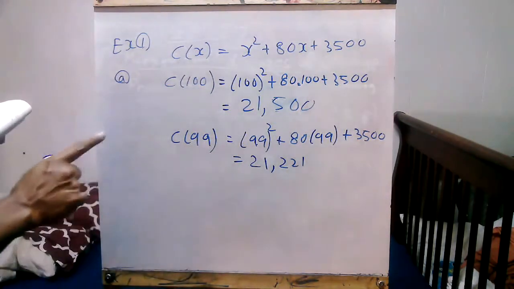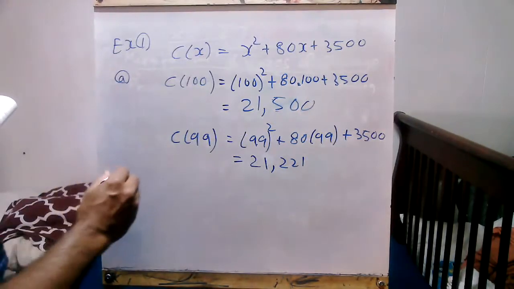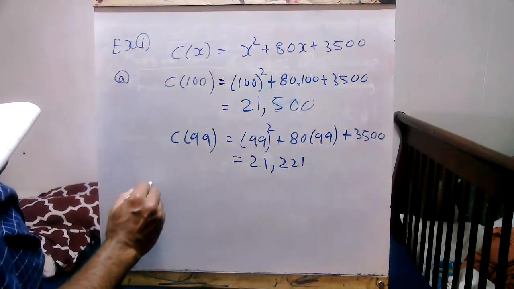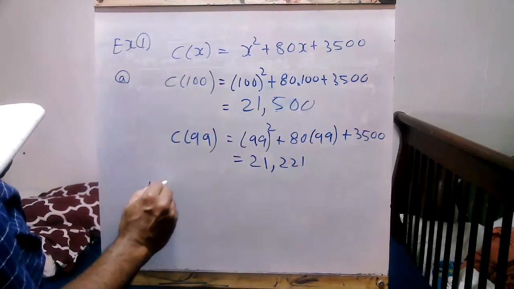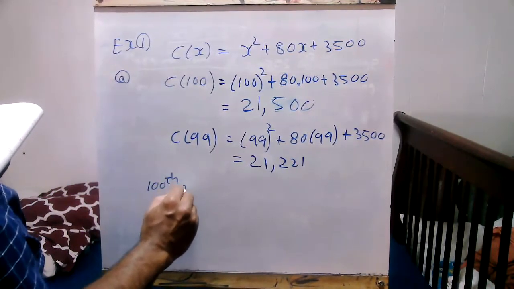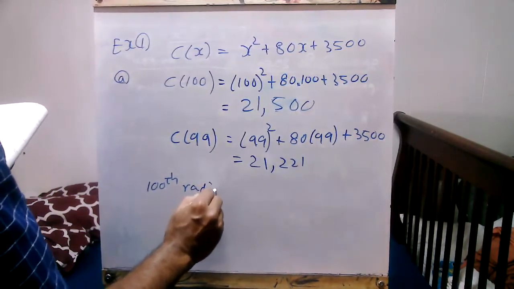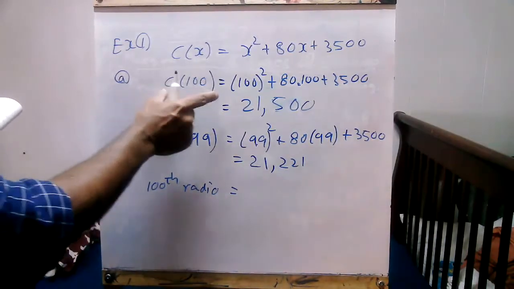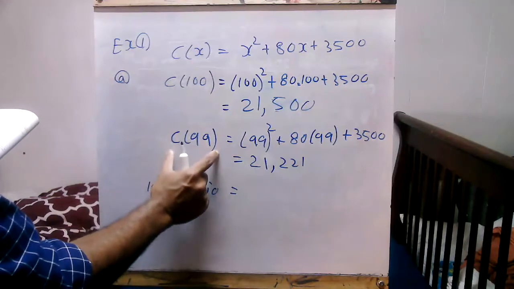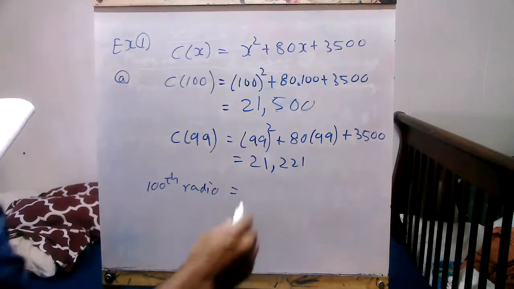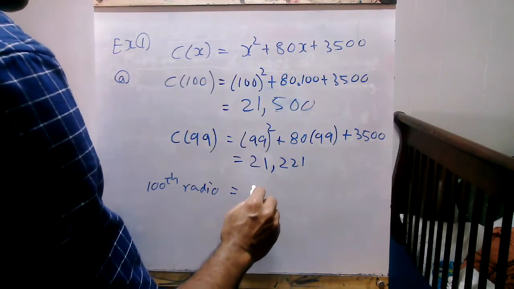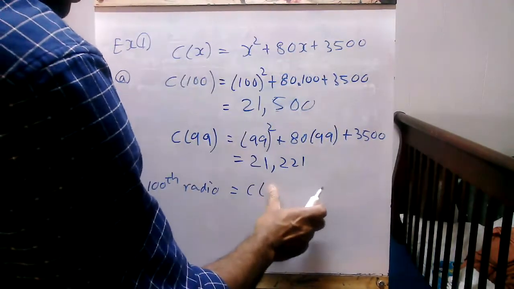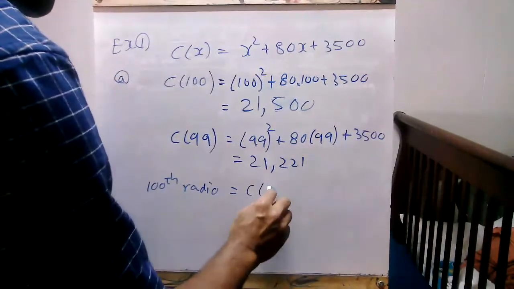So producing the 100th radio, okay, the 100th radio is therefore producing 100 radios minus 99 radios. C100 minus C99.